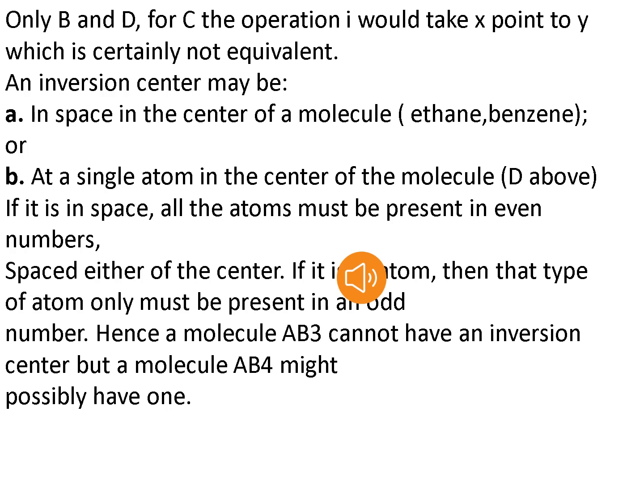Using this consideration, we can decide whether some molecules have an inversion center. AB4 type molecules have an inversion center, while AB3 type molecules do not have a center of inversion. Only B and D molecules have an inversion center.